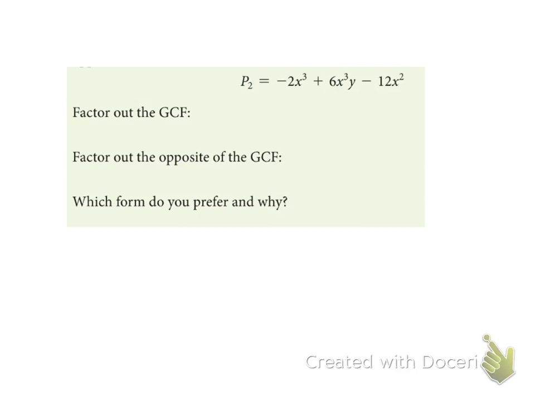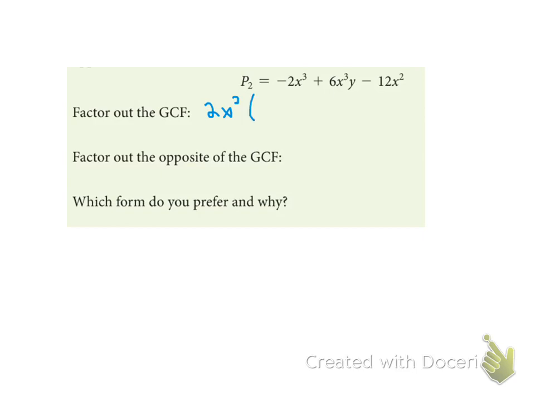What about the number? What can we factor out of everything? 2. Any x's? X squared. Any y's? No, we do not have y's in every term, so we can't factor out any y's.